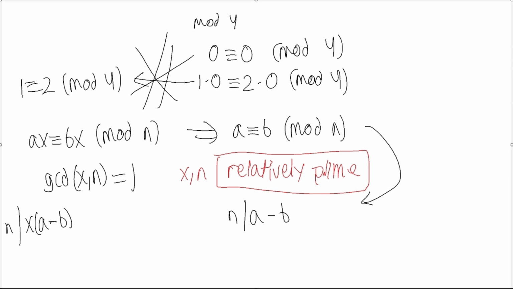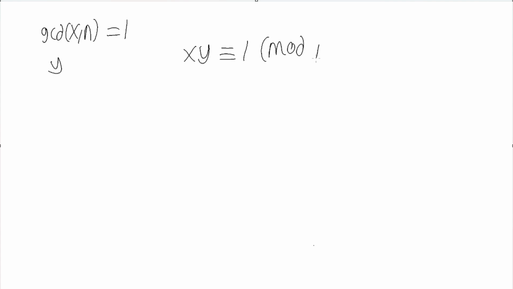All right, so now that we've analyzed these x which are relatively prime to n, let's go ahead and take a look at a key property of them. As it turns out, every single x with GCD of x and n equal to 1 satisfies a very peculiar property: there exists an integer y such that xy is equivalent to 1 mod n.